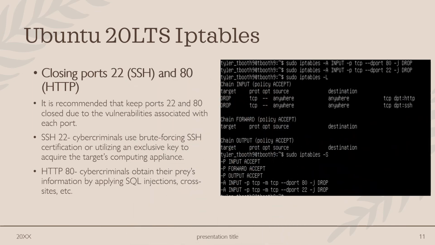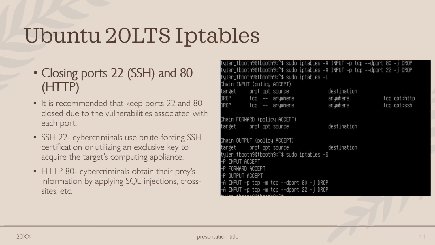Okay, so going into Ubuntu's iptables hardening recommendations, we're going to start off with closing port 22, SSH, and port 80, which is HTTP. It's recommended to keep ports 22 and 80 closed due to the vulnerabilities associated with each port.